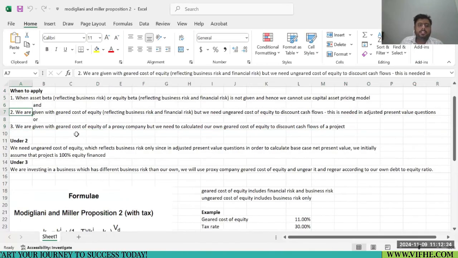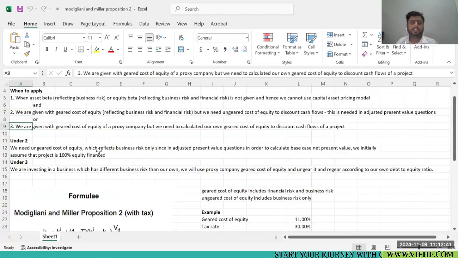Now, under condition number 2, your prime objective is to calculate the ungeared cost of equity, because in adjusted present value questions, your first assumption is that the project is 100% equity financed. Under condition number 3, your purpose is to calculate the geared cost of equity. But for that, you have a proxy company which you ungear, you calculate ungeared cost of equity and you regear it.